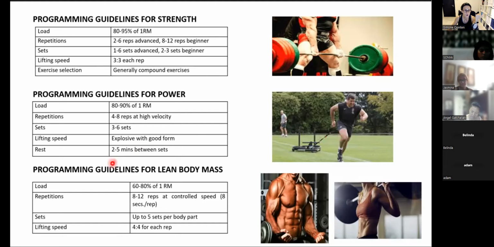All right. So loading for hypertrophy usually is about 60 to 80% of your 1 rep max. And then the repetitions. Well, I don't agree with 8 to 12, because there's a sweet spot of 8 to 20, where you still have hypertrophy when you go up to 20 reps. So I would take it with a pinch of salt.